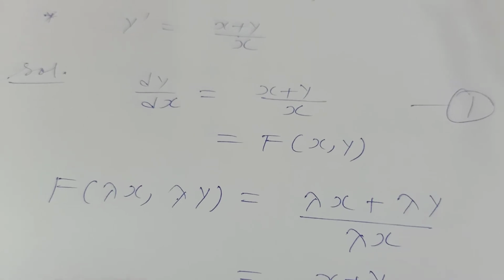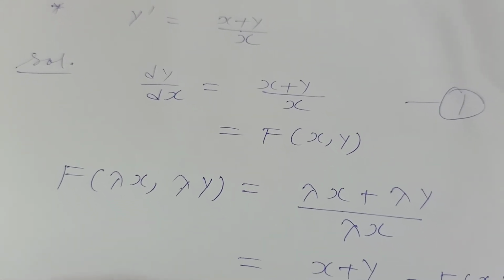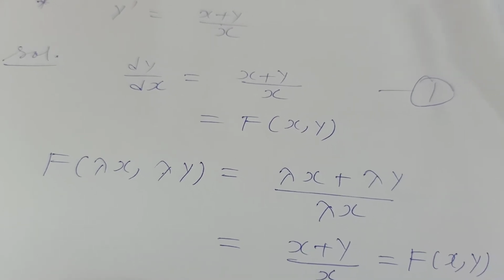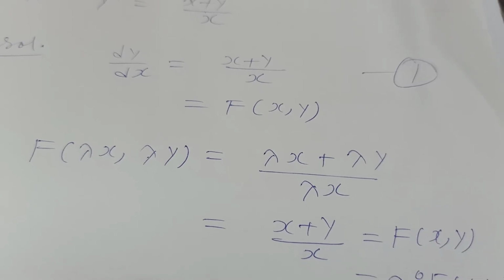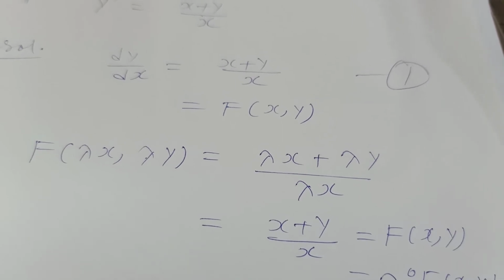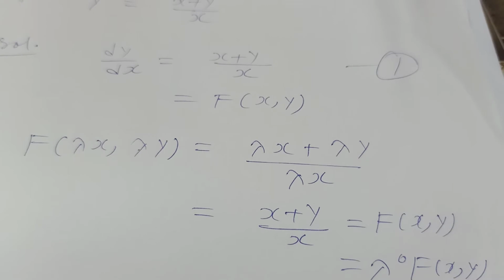Now we take examples. y dash equal to (x plus y) upon x, that is dy by dx equal to (x plus y) upon x. We assume that f of x, y equal to (x plus y) by x, and we will now determine whether f of x, y is a homogeneous function of degree 0 or not.